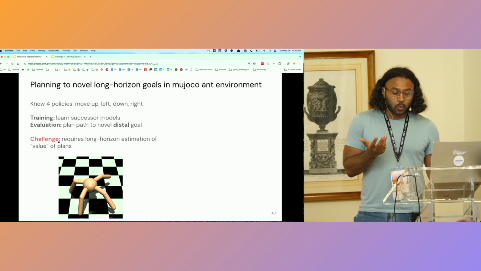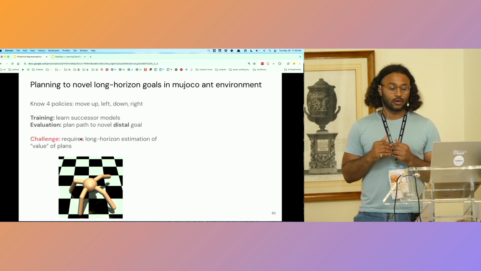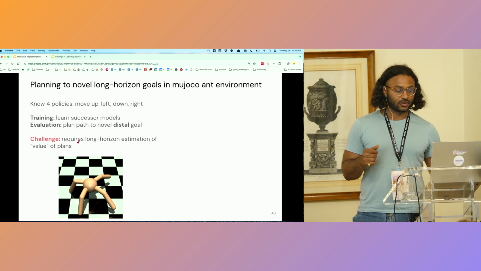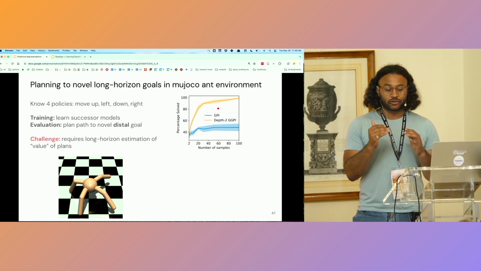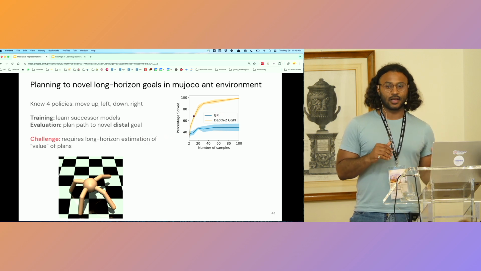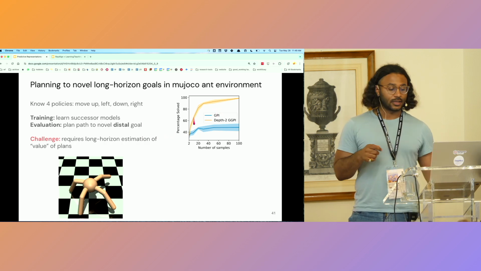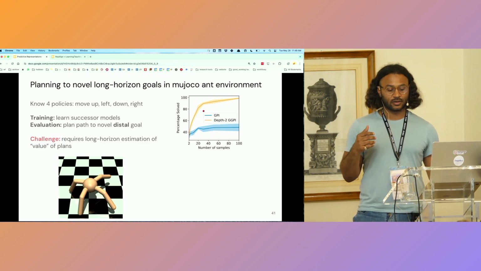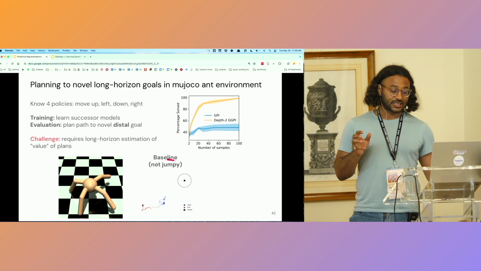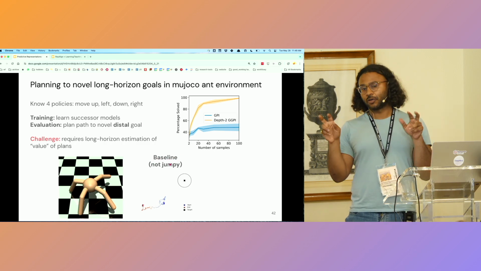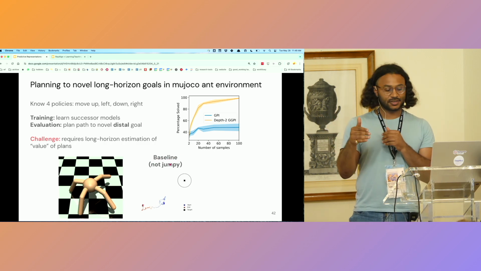Now, at least one challenge is that this is going to require long horizon estimation of the value of plans. Long story short with this figure is that having this jumpy planning allows for a much higher success rate here. And just to give a little bit of intuition for what's happening here, this baseline is basically not jumpy in its evaluation of policies.